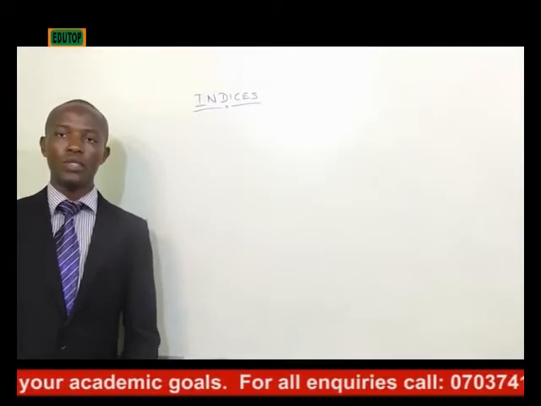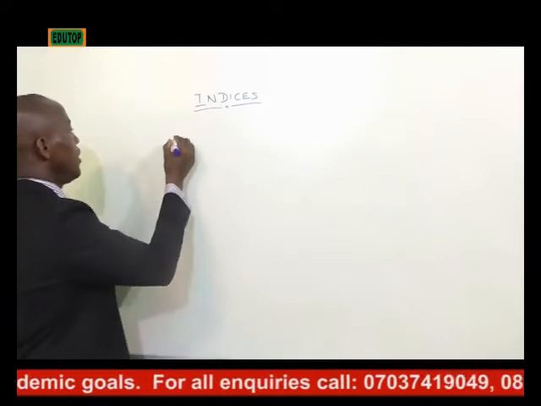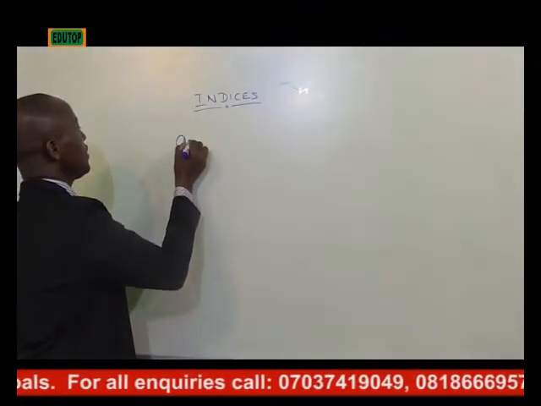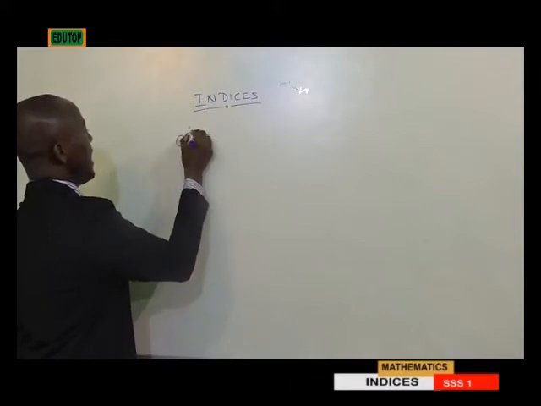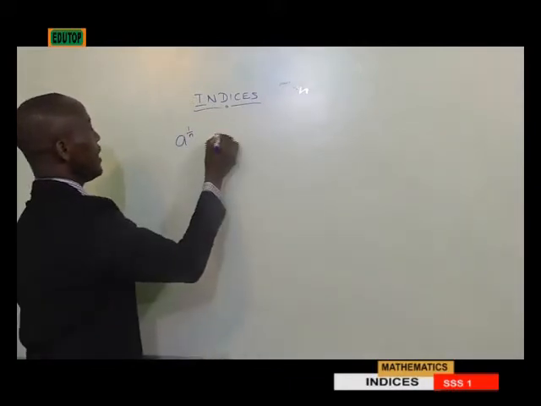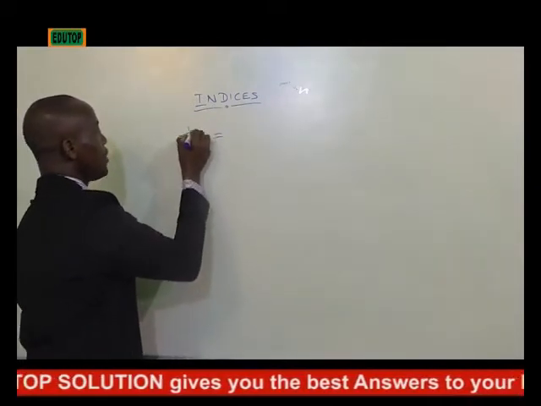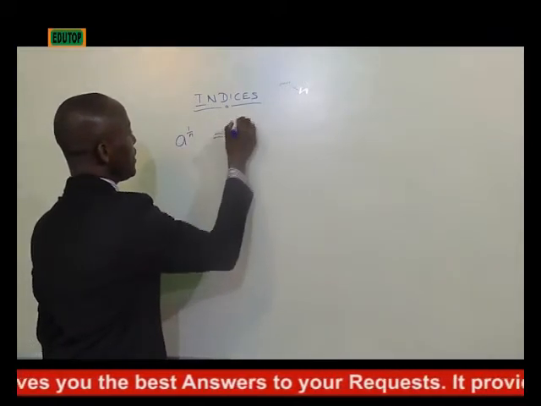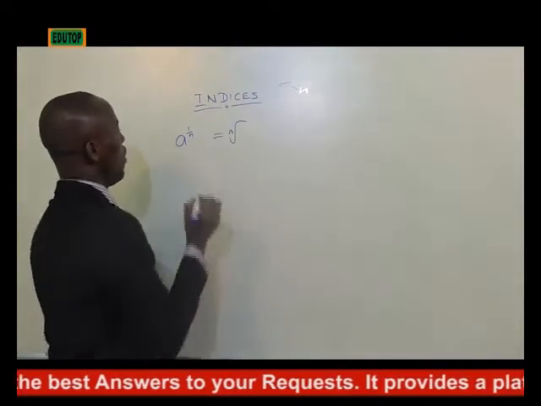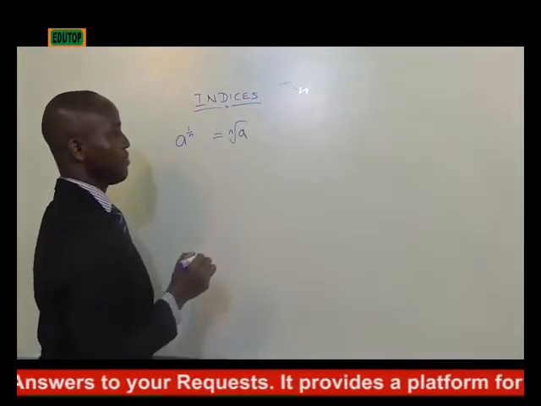Now we'll go to the sixth law, which is of this format: a raised to power 1 over n. That 1 over n simply means the nth root of a.